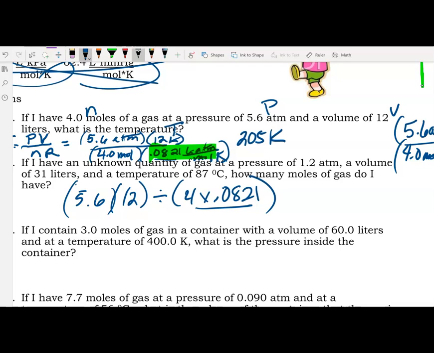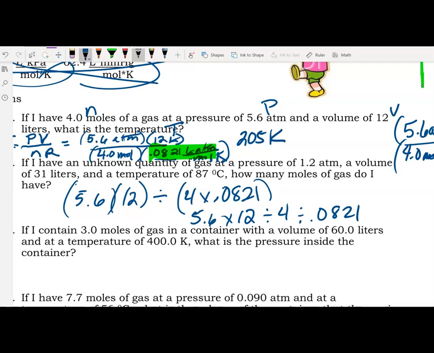If you do this and don't put parentheses in, Please Excuse My Dear Aunt Sally is going to multiply it by that and then divide it by that. PEMDAS. Put parentheses on the second side too. You would have to have parentheses over here. You could also do 5.6 times 12 divided by 4 divided by 0.0821. That will give you the same thing. That's how I do it. But that upsets people.